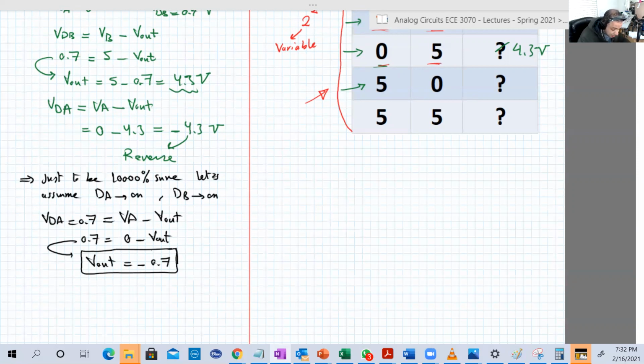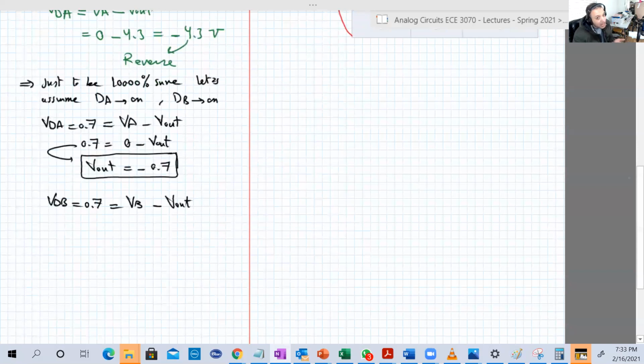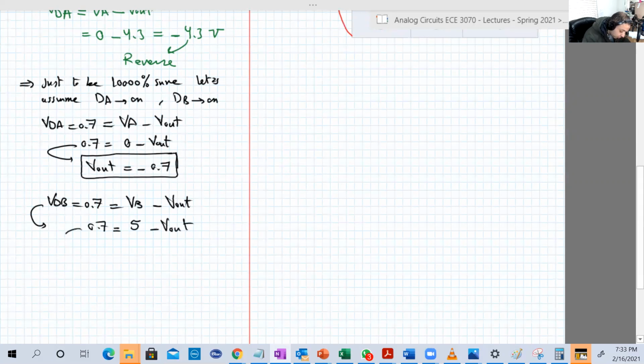Since we assume that DB is on, VDB is also 0.7, which is equal to VB minus V out. So we can determine V out from here also. So 0.7 equals VB, which is 5, minus V out. So from this one, V out is equal to 4.3. So which is correct?